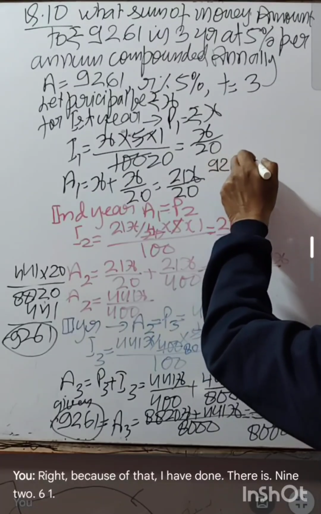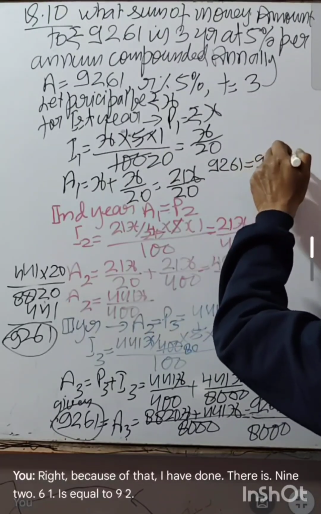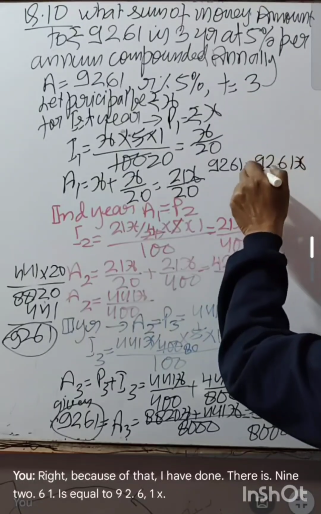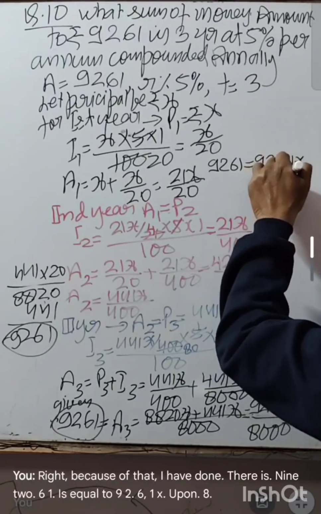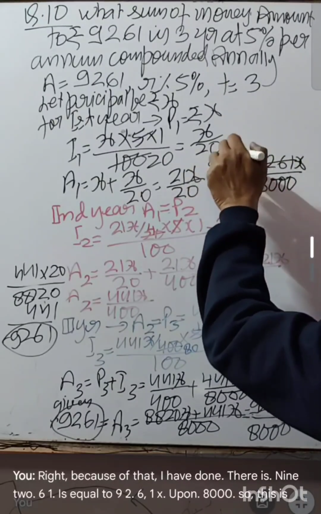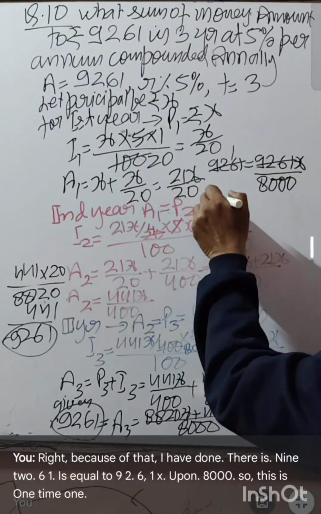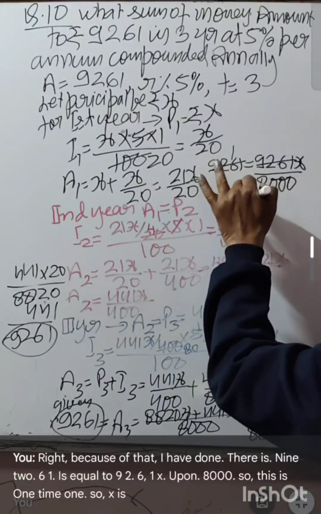9261 is equal to 9261 x upon 8,000. So this is 1 times 1, so x is rupees 8,000.